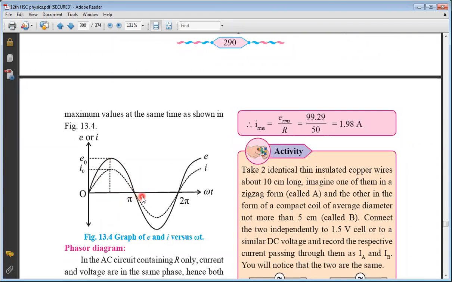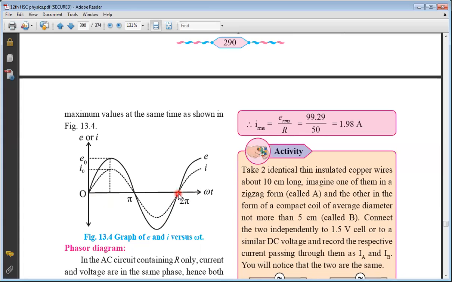When coil goes on rotating from pi to 3 pi by 2 radians, sorry, my mistake, or 180 to 270 degrees, then EMF goes on increasing. This is not a decrease, this is an increase in the opposite direction. At 270 degrees rotation of the coil, EMF reaches maximum value, and then it decreases. And when coil turns through one complete rotation, 2 pi radians, EMF is 0.